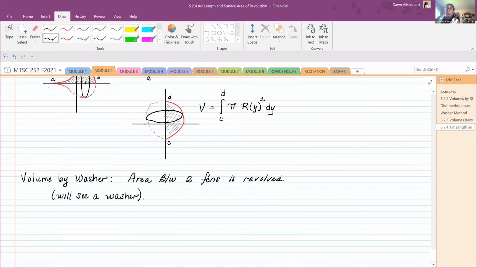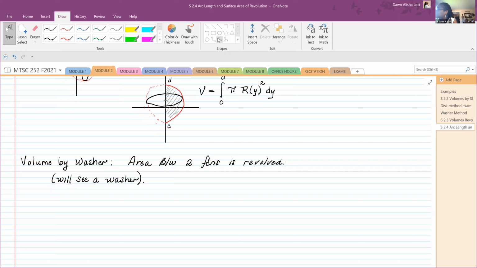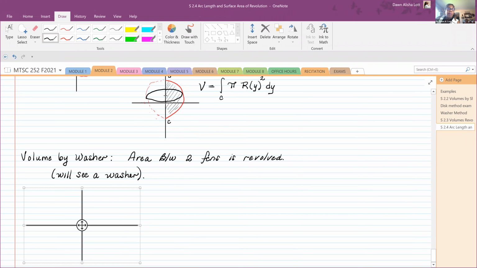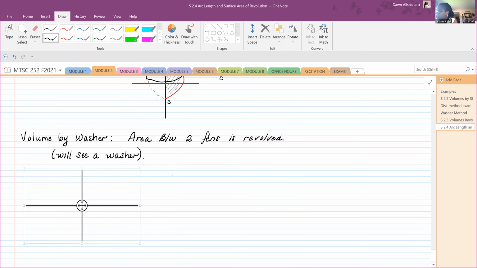So you may have something like this. Here's my region. Maybe I have one function that looks like this, and I have another function that looks like this. And I'm going to revolve it around, let's say, this line.